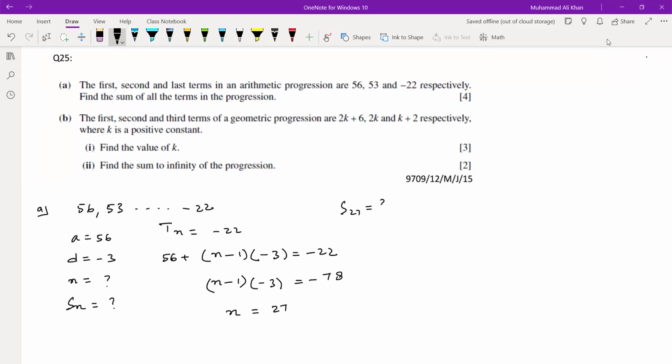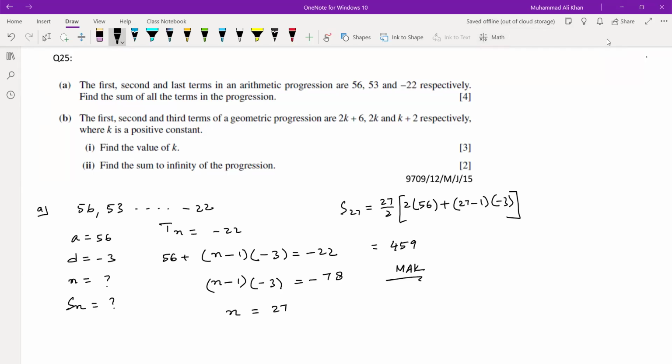S27 equals to n/2, 2A plus n-1 and the common difference is -3. Use your calculators. 459. This is the sum up to 27 terms. Are you clear?